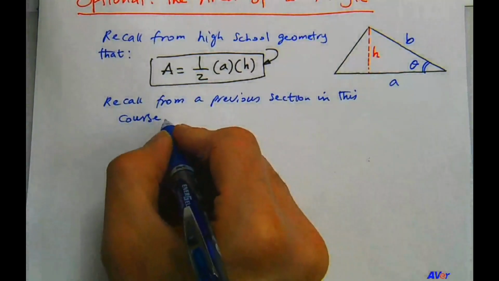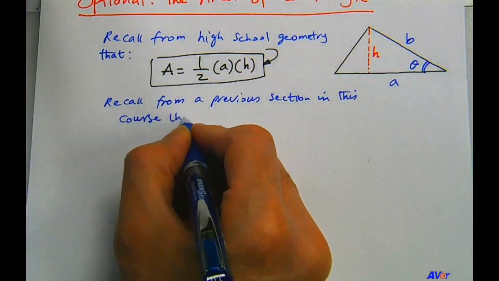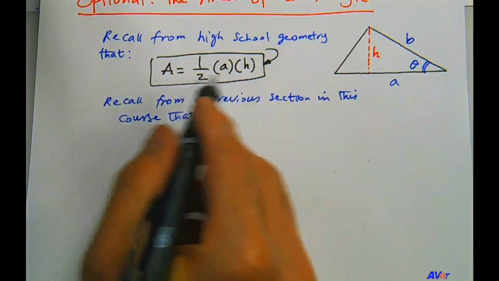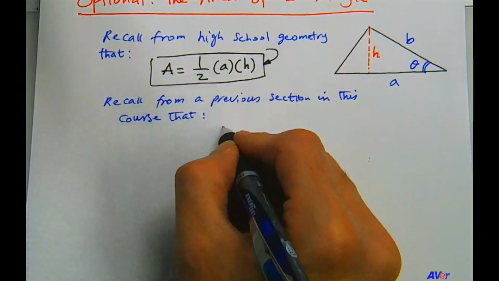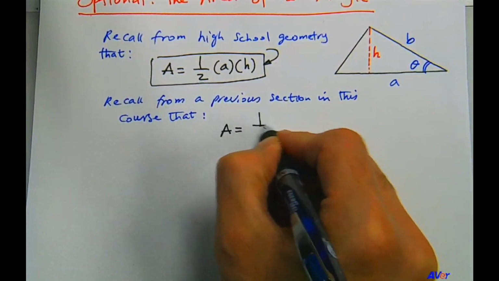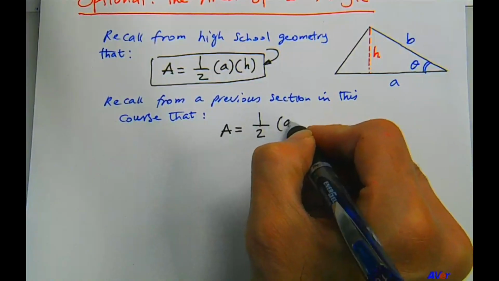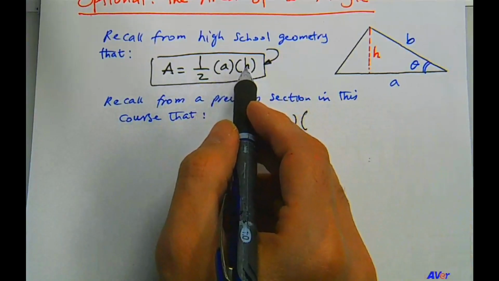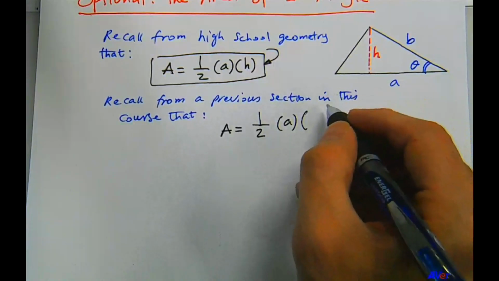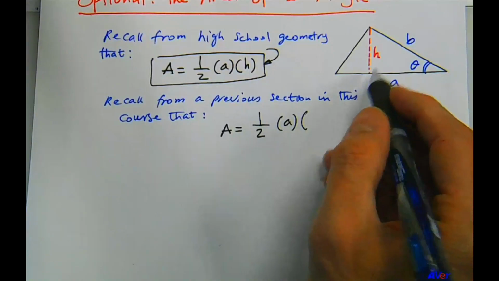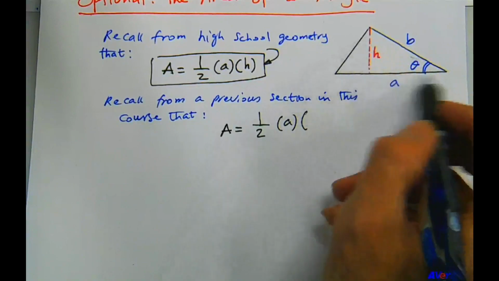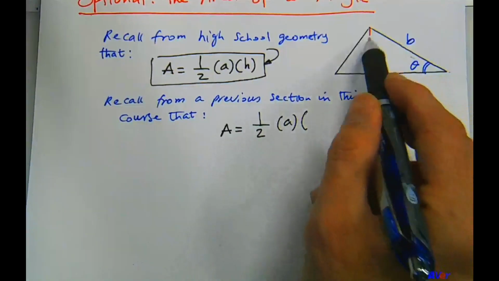A previous section that, in a trigonometric equivalent to this, would be area equals 1/2 times the base times, instead of height, we can write b sine of theta, or this hypotenuse of this right triangle, if we take that.